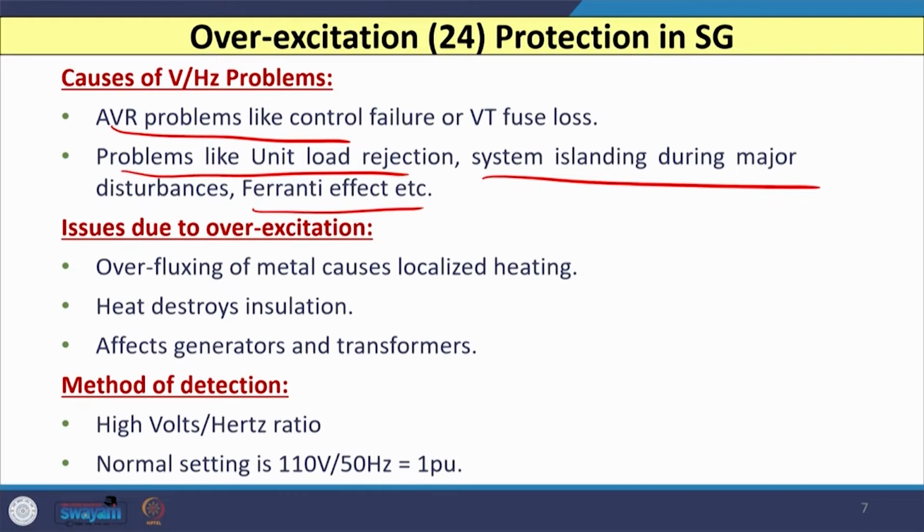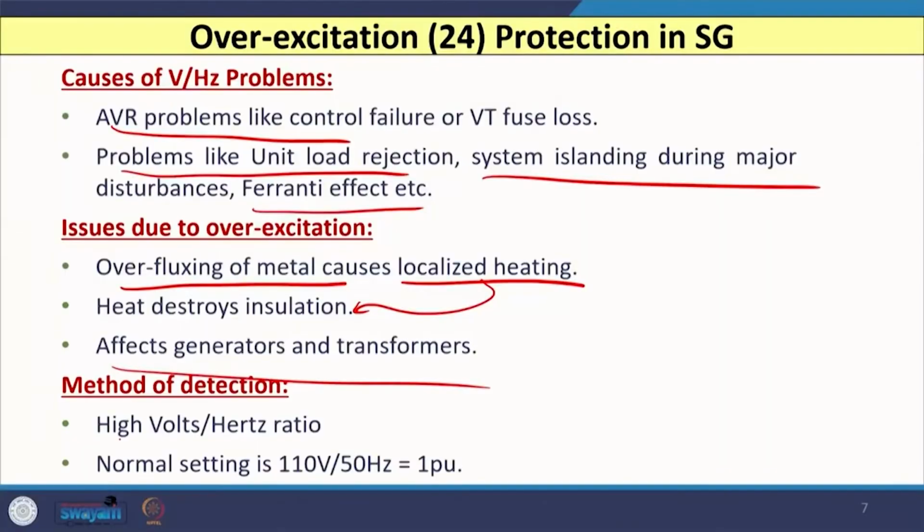So, if over excitation condition is there, then we need to detect it. If we do not detect it, then overfluxing of metal is going to cause localized heating. This localized heating is going to deteriorate the insulation, and it also affects adjacent devices like the generator transformer, GT, and so on. To detect this condition, normally the volts per hertz ratio is monitored.